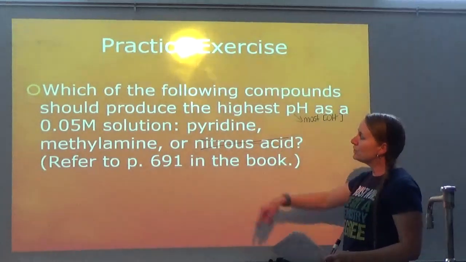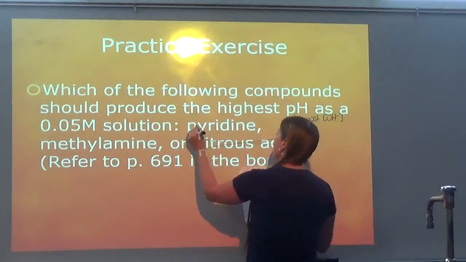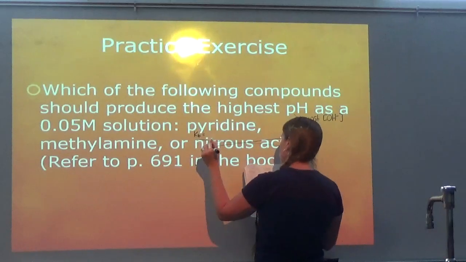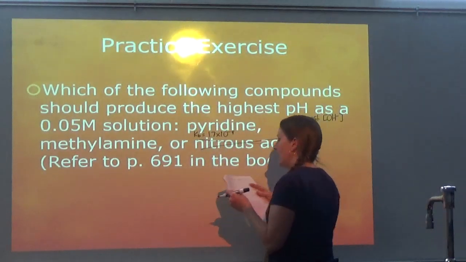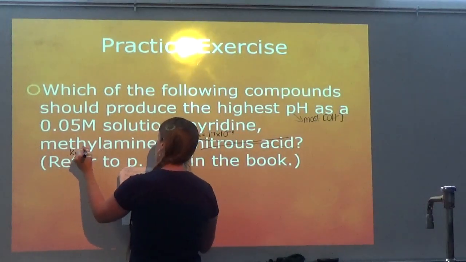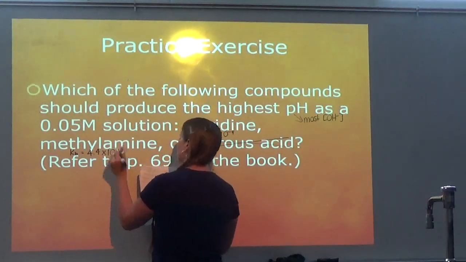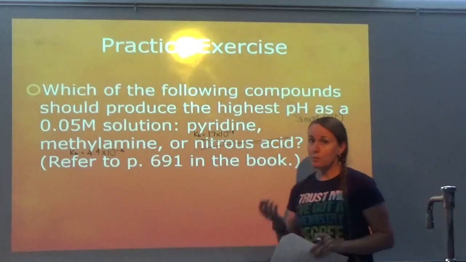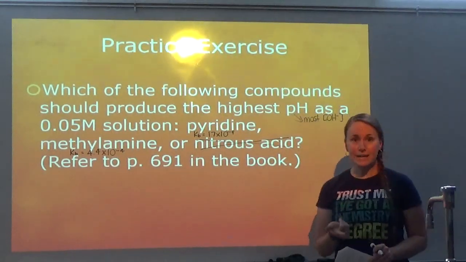When I look on page 691 in the book, I find out pyridine has a Kb of 1.7 times 10 to the negative 9. And then I find out that methylamine has a Kb of 4.4 times 10 to the negative 4. So remember, we talked about this in the previous video. The larger the Ka value, the stronger the acid.